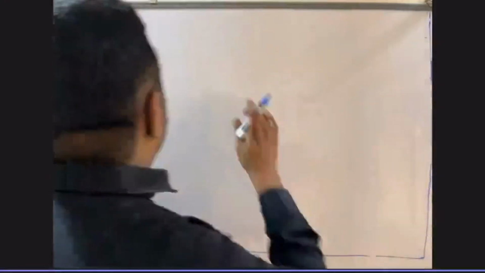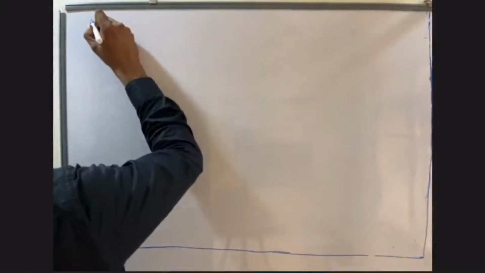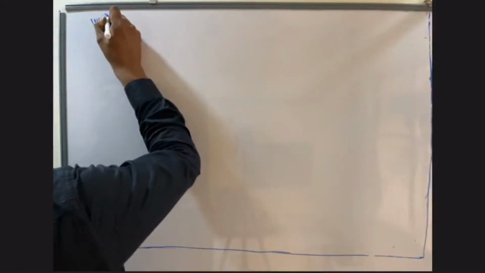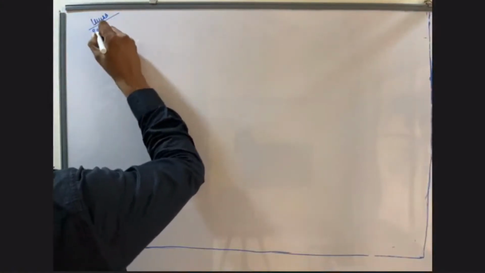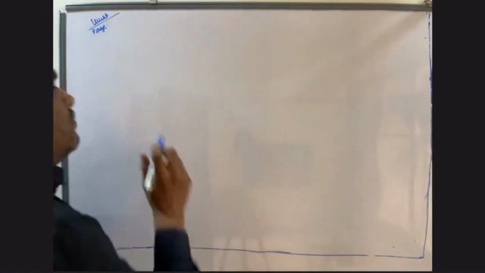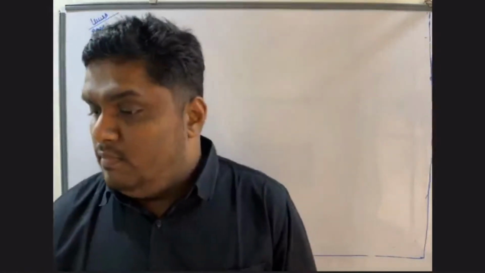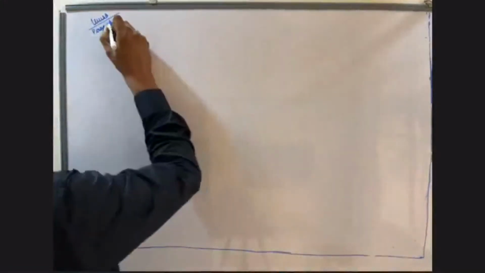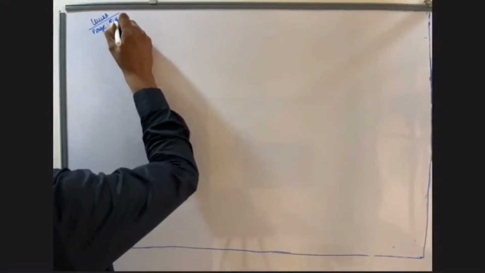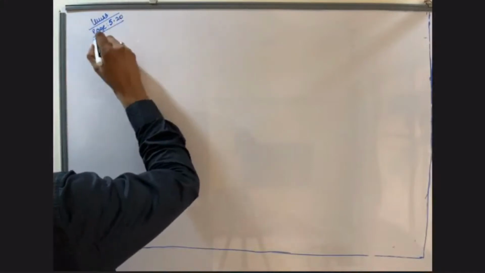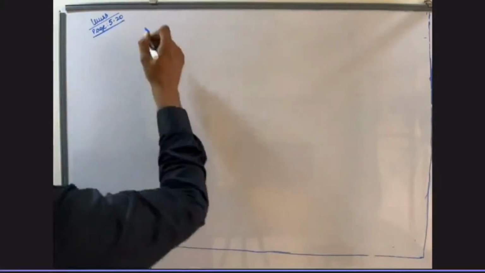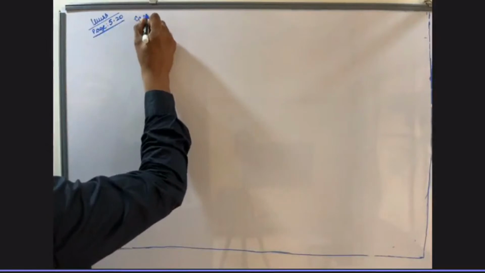So let's start with illustration number 3. The page number is 5.20.